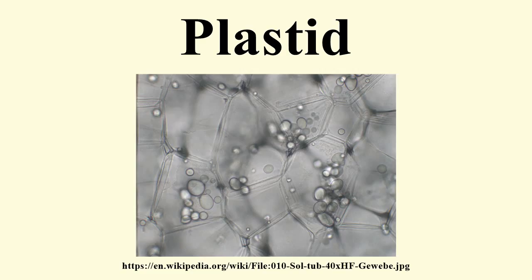Glaucocystophytic algae contain muroplasts, which are similar to chloroplasts except that they have a cell wall that is similar to that of prokaryotes. Rhodophytic algae contain rhodoplasts, which are red chloroplasts that allow the algae to photosynthesize to a depth of up to 268 meters.